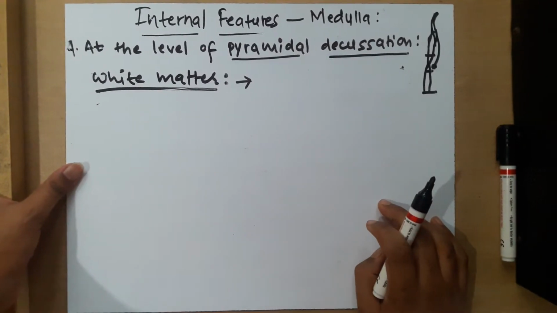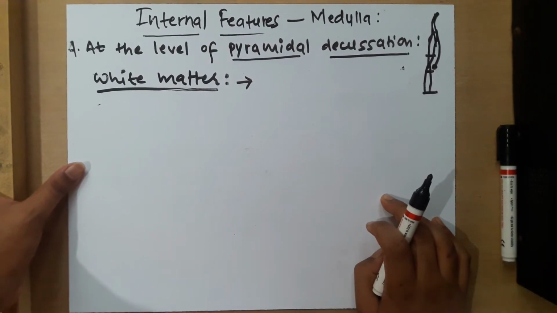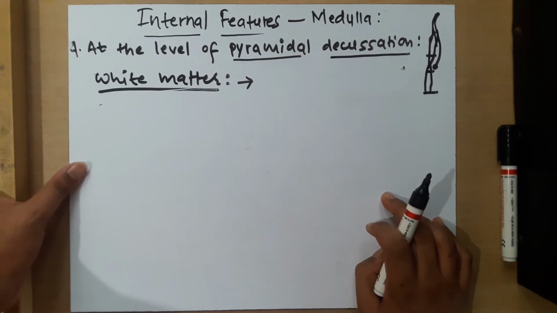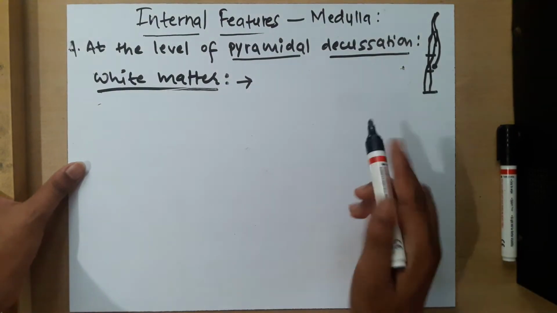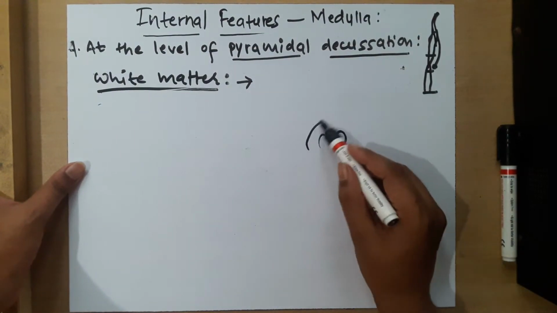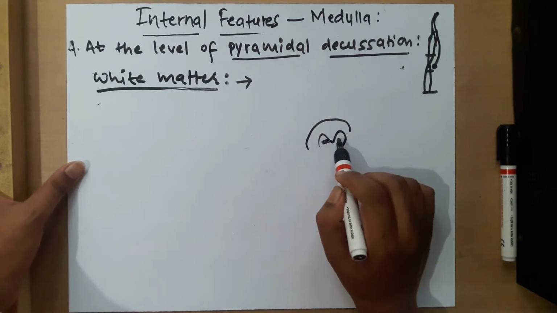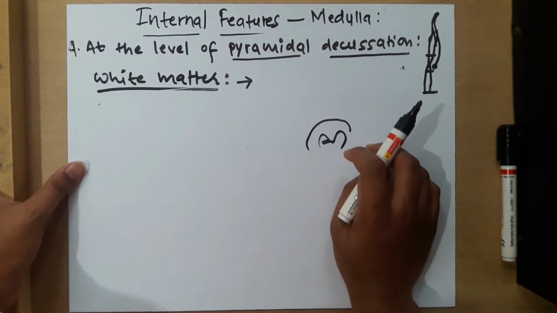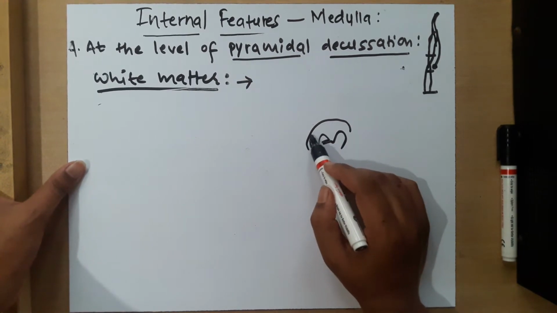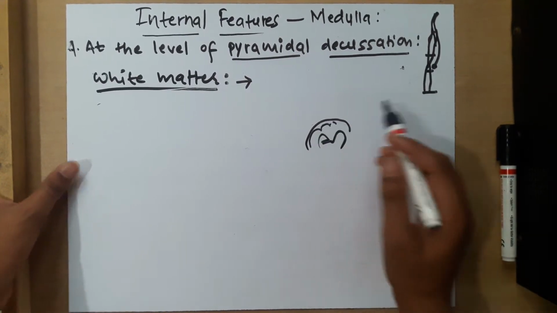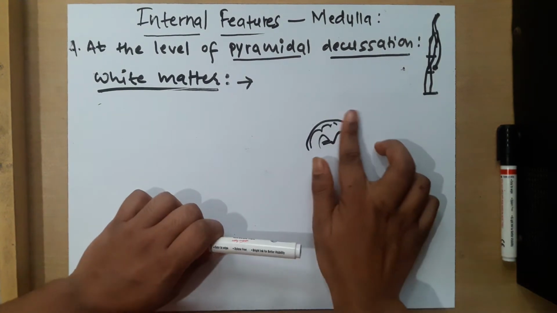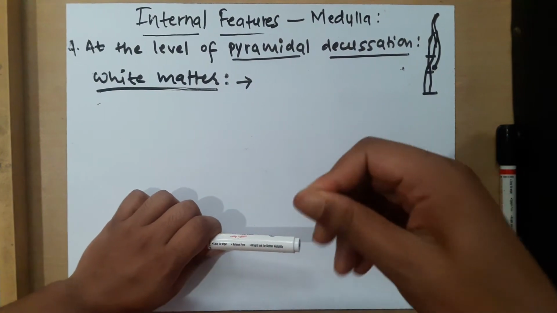So now let's discuss other white matters. While discussing the gray matter, we told that the posterior gray matter gets modified into nucleus gracilis and nucleus cuneatus. Similarly, the posterior most white matter, suppose this is the gray matter and this was the white matter outside the gray matter. So the posterior gray matter got modified into nucleus gracilis and nucleus cuneatus. Similarly, the posterior most white matter also gets converted into fasciculus gracilis and fasciculus cuneatus.